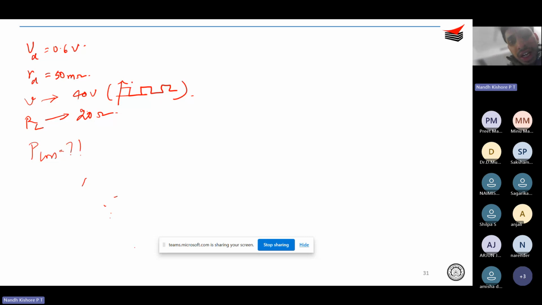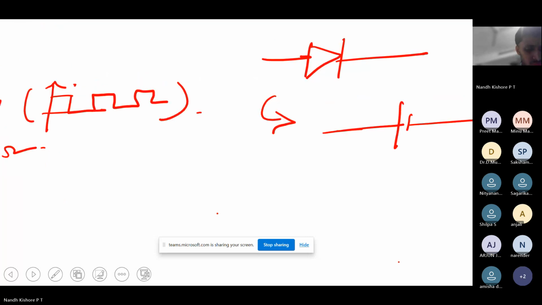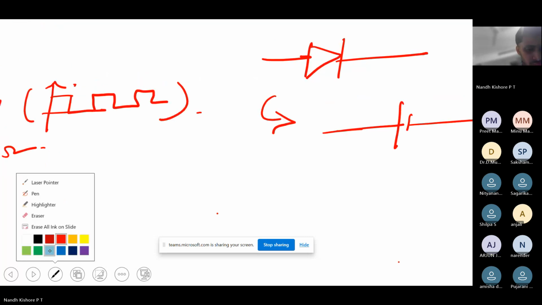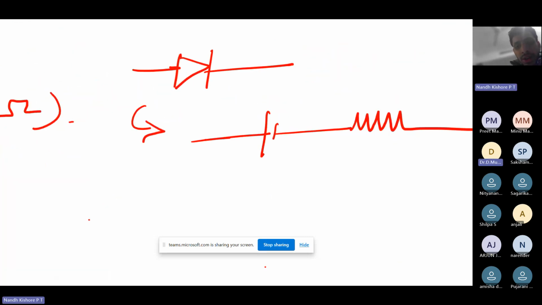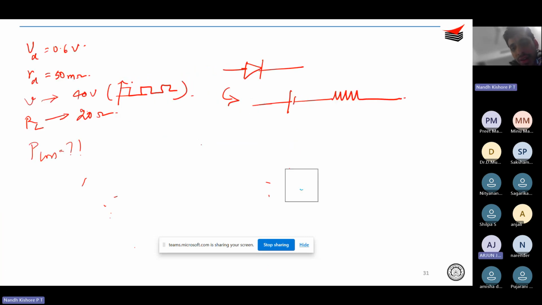First, remember one thing, that the equivalent representation of a diode in practical terms is going to be something like this, wherein this is VD and this is your RD, and it's a diode current.